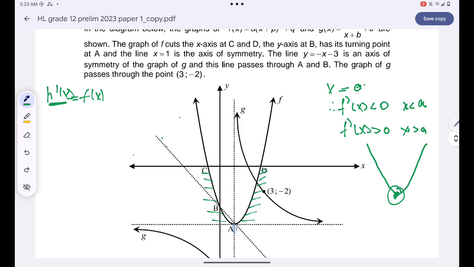Are you together? Remember that the x values over here will represent my turning points, my stationary points. One of them will be a maximum and the other will be a minimum. So above the x-axis, I will have positives over there.